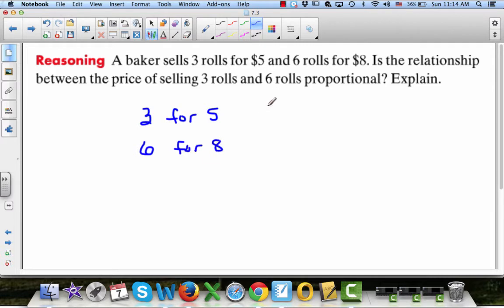And we come over here and we go 5 divided by 3, which is just 5 over 3. And then we go 8 divided by 6, and we have to reduce that because both of them are divisible by 2. So that gives us 4 divided by 3. And 4/3 is not the same as 5/3, so this is not proportional. Okay?